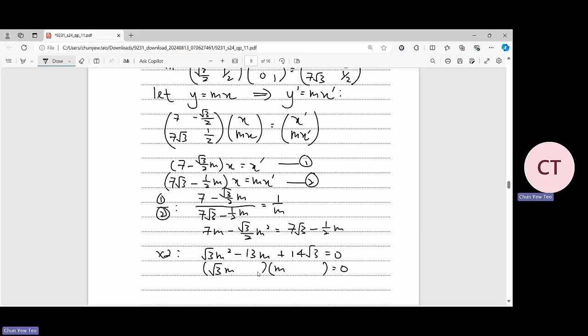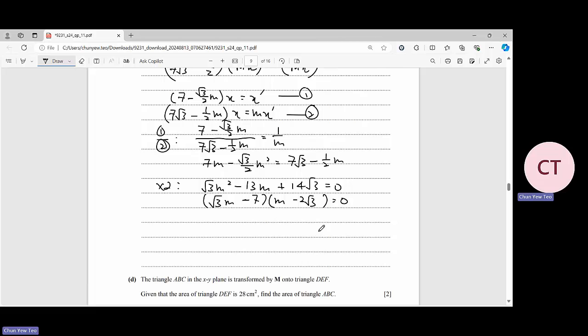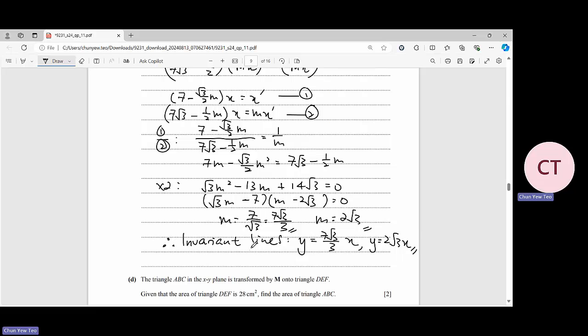So over here, this will be minus 7 and minus 2 root 3. Okay, so you can factorize it. So your m is equal to 7 over root 3. Your m is equal to 2 root 3. So 7 over root 3, you can write it as 7 root 3 over 3. You want to rationalize the denominator. So therefore, your invariant lines will be y equal to 7 root 3 over 3 x and y equal to 2 root 3 x. That will be your two invariant lines.